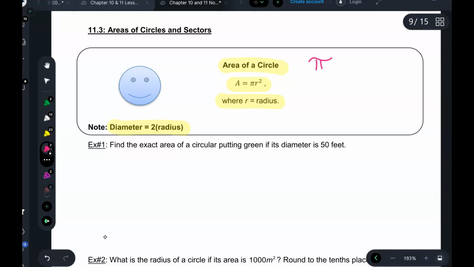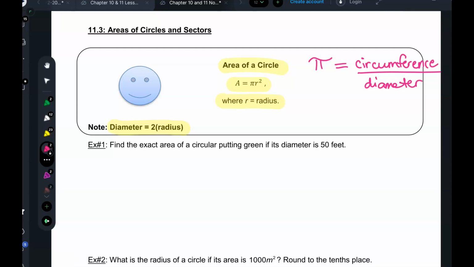Okay, what is pi? So where do we get the actual values of pi? This is circumference divided by the diameter, right?